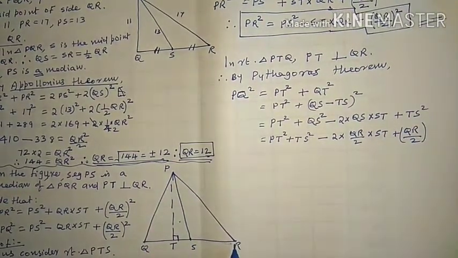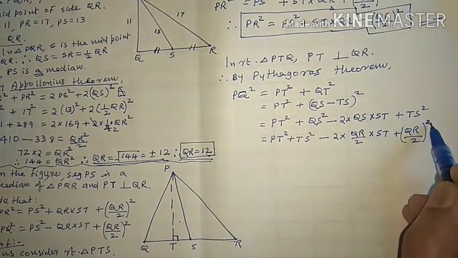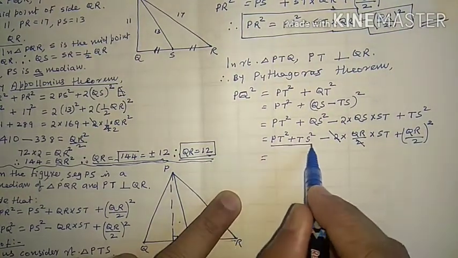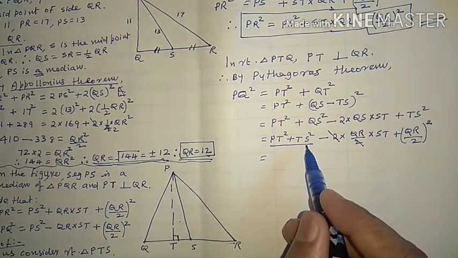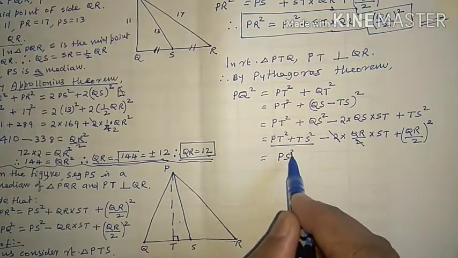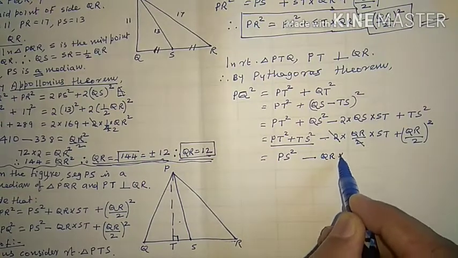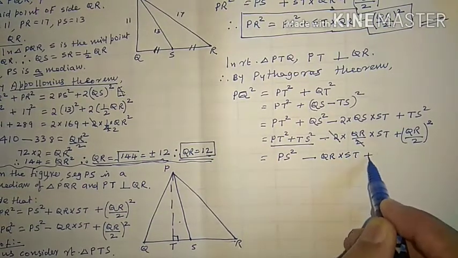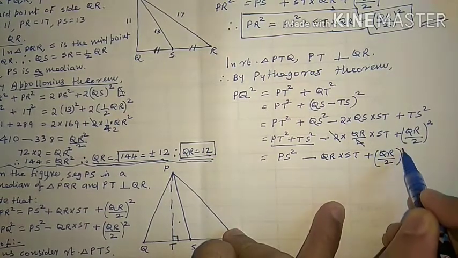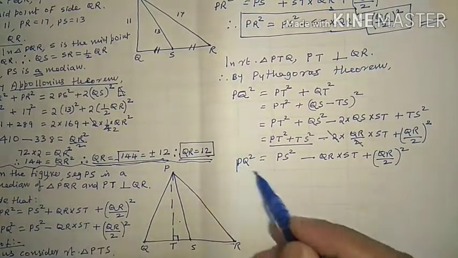QS is half of QR, QR upon 2, the whole square. Now 2 and 2 cancel. PT square plus TS square we have already, is PS square. This is PS square minus this QR into this ST plus this QR upon 2, the whole square. What is this? This is PQ square.